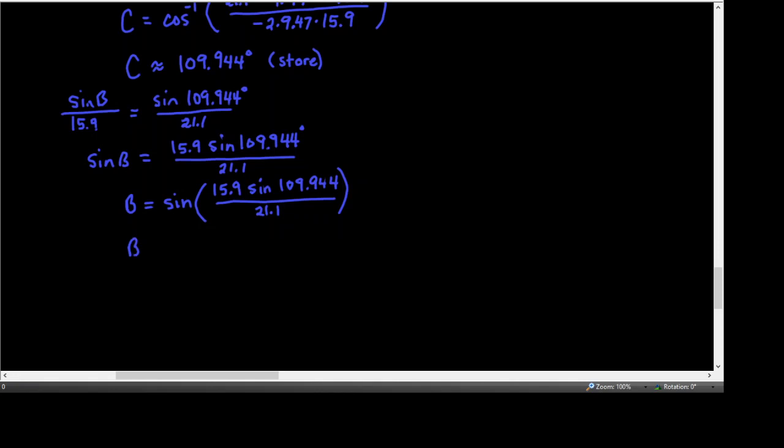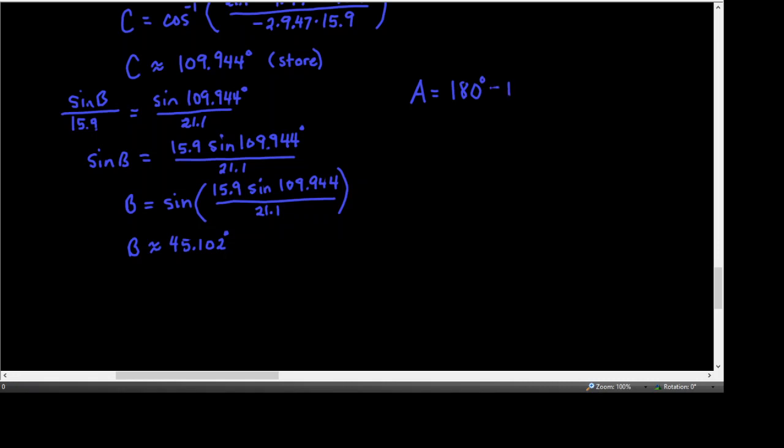Okay, so that tells us that B is approximately 45.102 degrees. And then, of course, we'll find A using the fact that the three add up to 180 degrees.